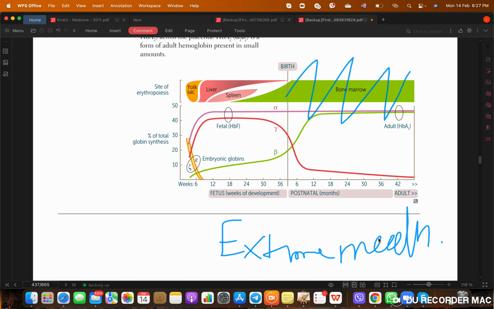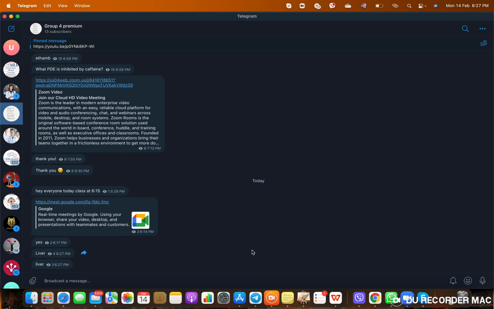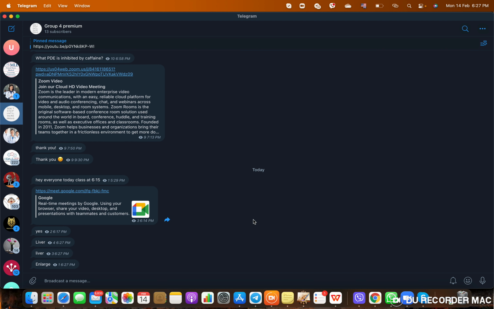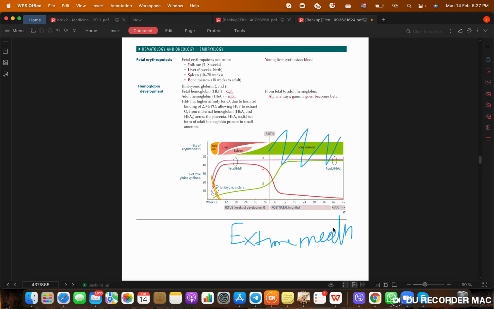Extramedullary hematopoiesis means blood synthesis outside of the bone marrow. You are absolutely correct, it will be the liver and the spleen. If the liver and the spleen start to do extramedullary hematopoiesis, what will happen to their size? Absolutely correct. This is the exact reason why in case of leukemias we have hepatosplenomegaly. Good, so that's why I wanted you to know about this.